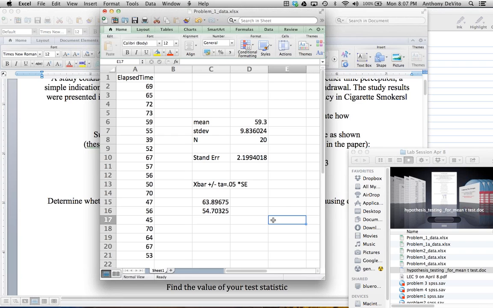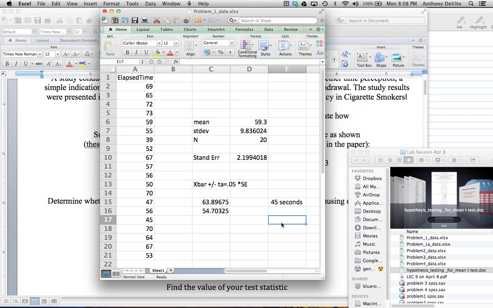Now, in this particular case, there's a real number that we're comparing this to. It's not like we're comparing it to another group or a population that we don't know the mean of. We know that the correct answer should have been 45 seconds.